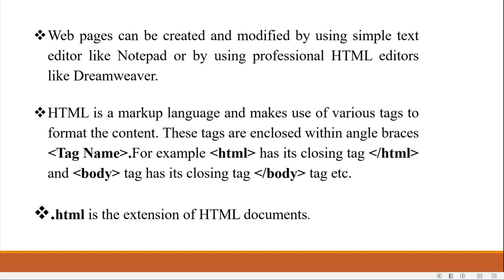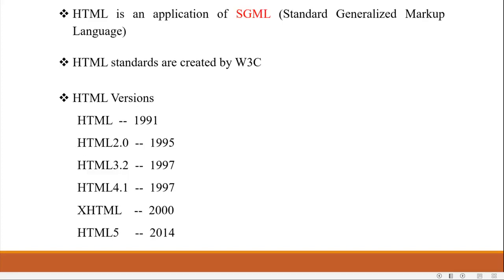This entire HTML structure is divided into two parts. HTML is an application of Standard Generalized Markup Language. It's an open application. HTML follows the W3C, World Wide Web Consortium. There are several versions of HTML.